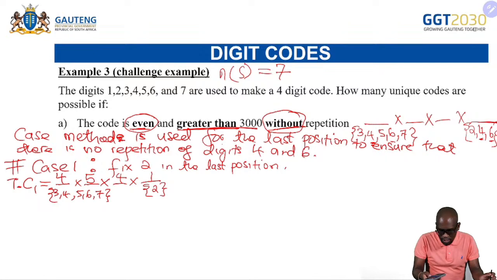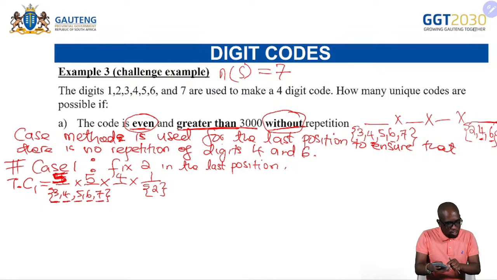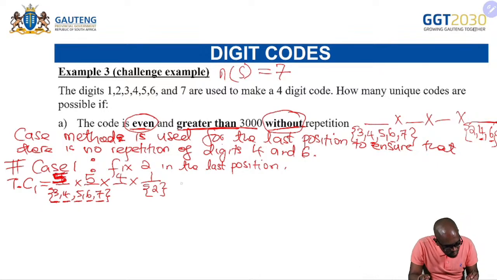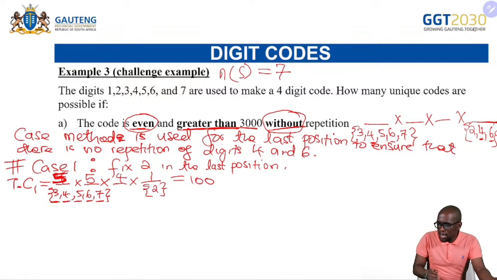Oh, sorry, I made a mistake in the leading variable. It should be 5. I have 5 particular options here, because it's 1, 2, 3, 4, 5 numbers. It's not 4, it's 5. So this would be 5 times 5 times 4 times 1. This would give me 100. So for case 1, I obtain 100.